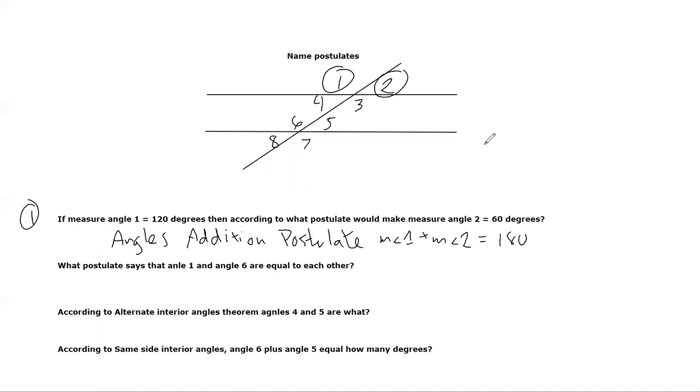You might be thinking, well, that wasn't what the question was asking. The question said if this was 120, what postulate would make this 60?